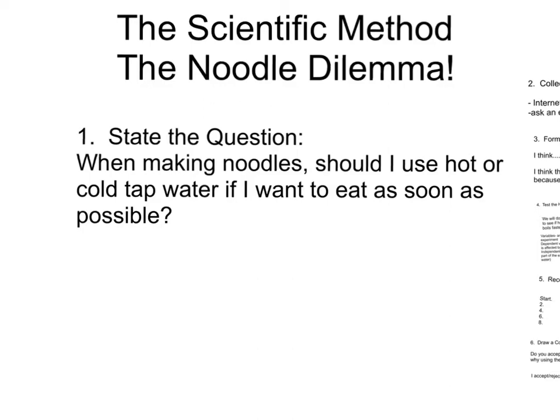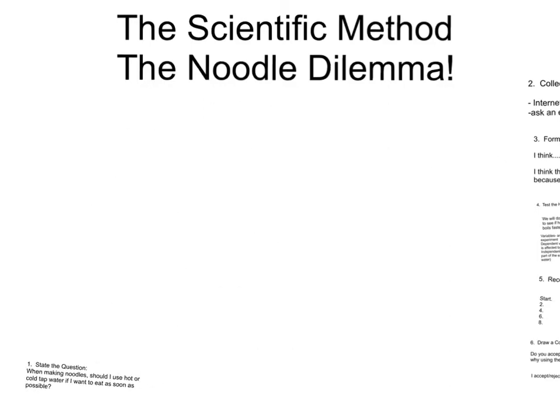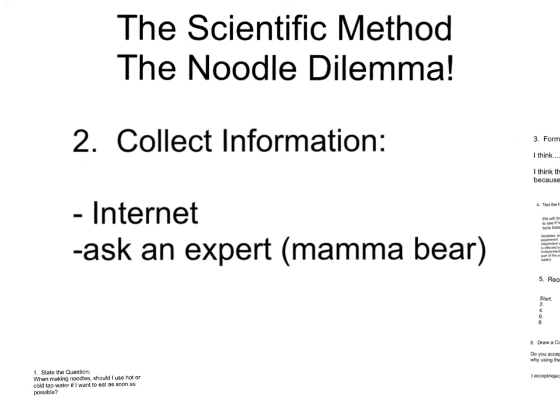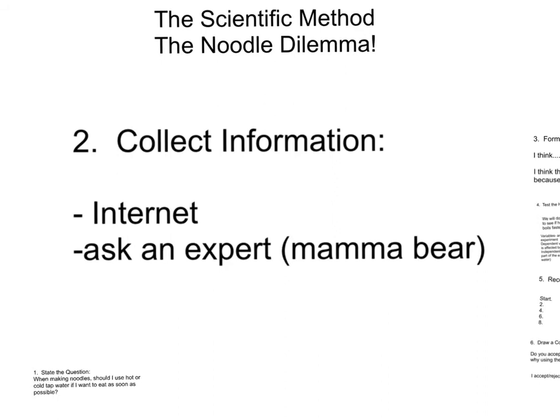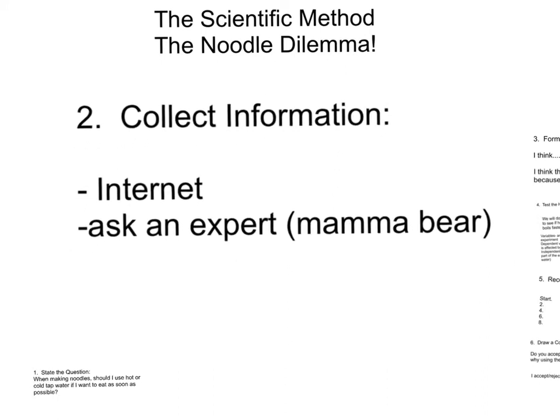Then from there, we talked about how we could further understand more about our question in terms of the scientific method. The second step of the scientific method is to collect information.